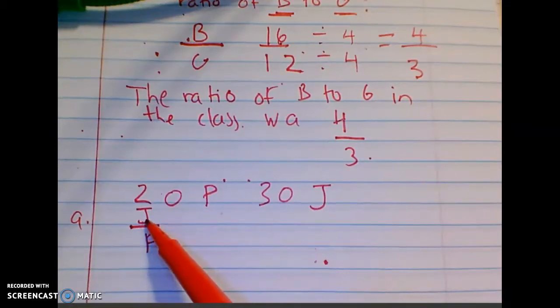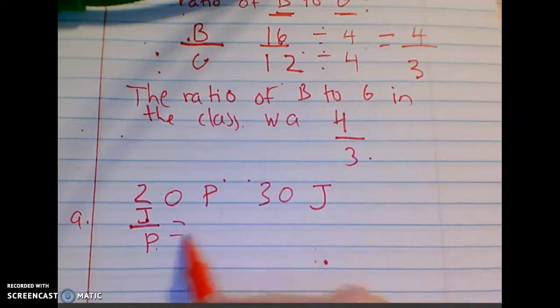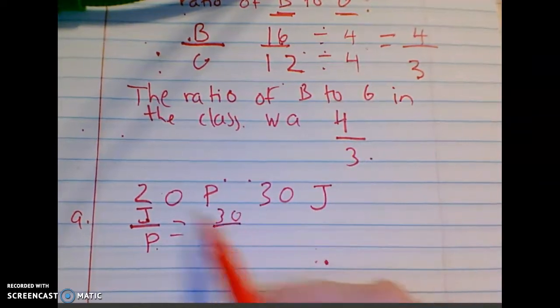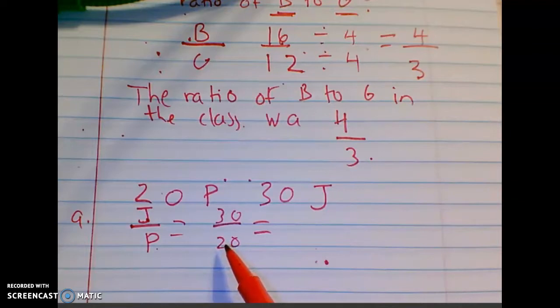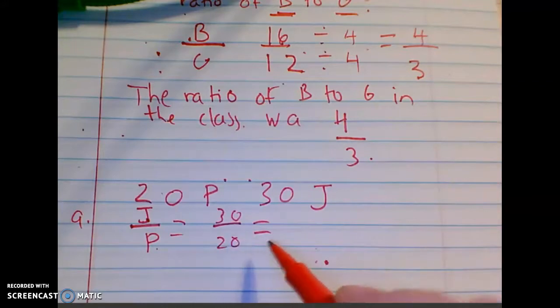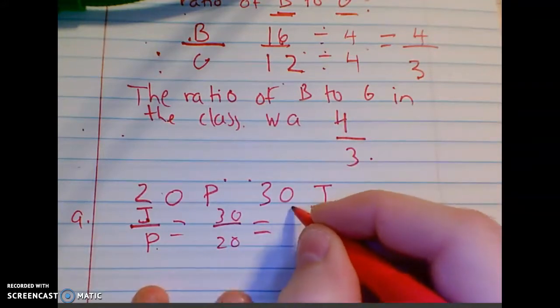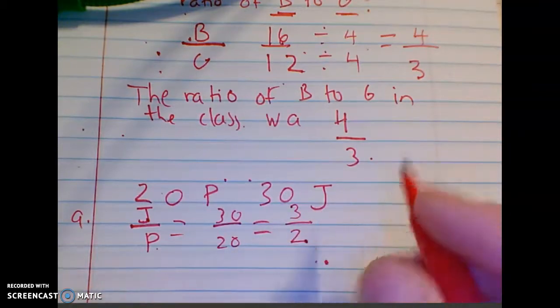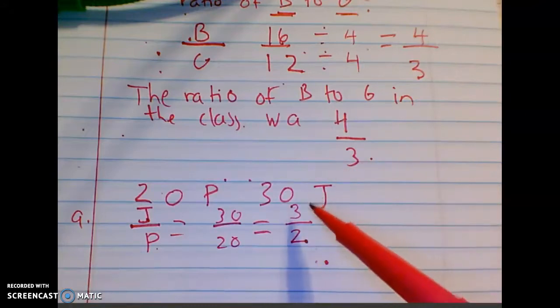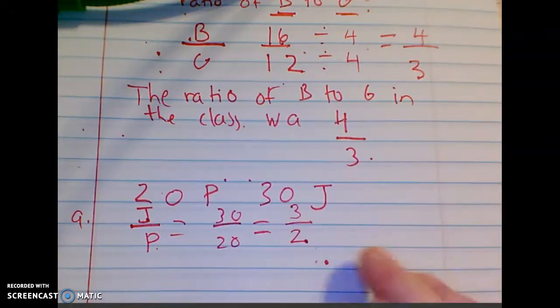It says jackrabbits to prairie dogs. 30 is how many jackrabbits? Prairie dogs have 20. Can I reduce this? Again, we're talking about ratios. Although this is an improper fraction, we will not write it as a mixed number because it is a ratio, but we will reduce. 10 can go into both of these numbers. 10 goes into 30 3 times, and into 20 twice. So the ratio of jackrabbits to prairie dogs is 3 to 2.